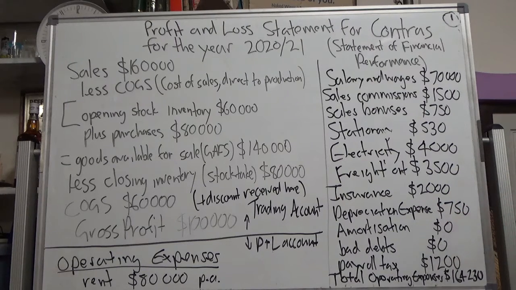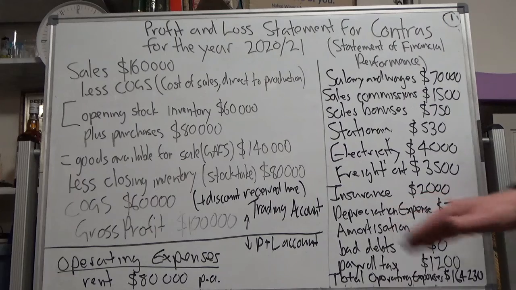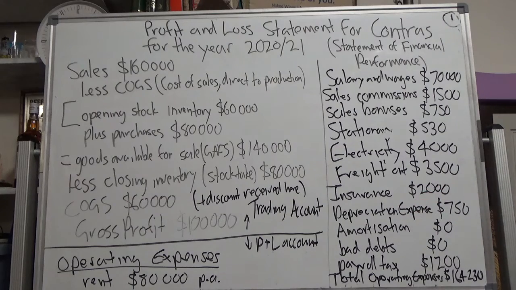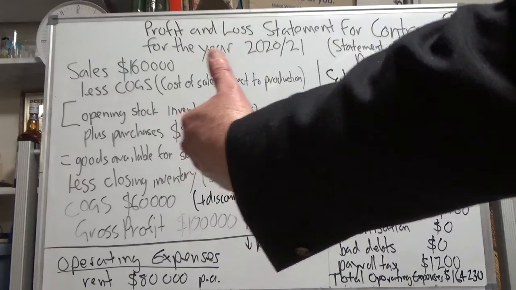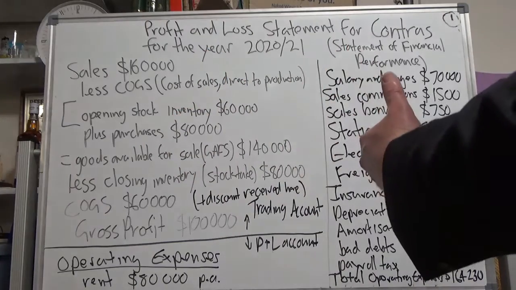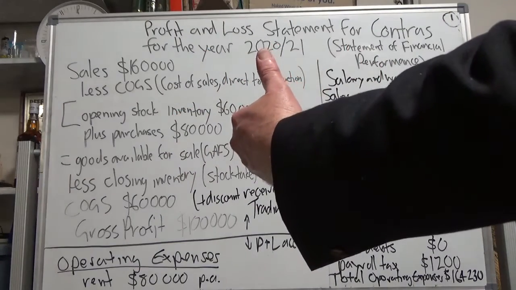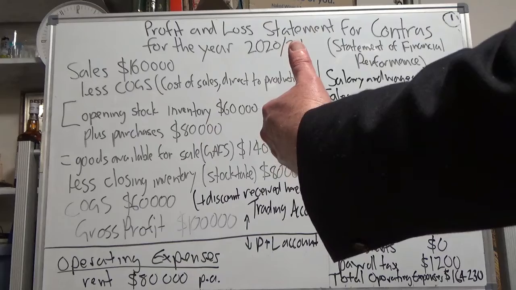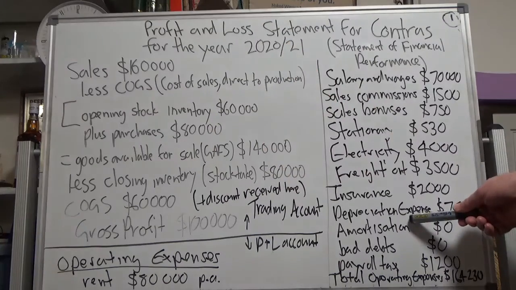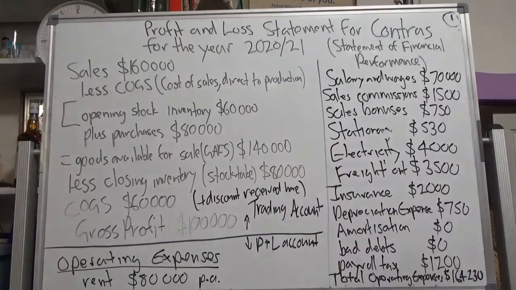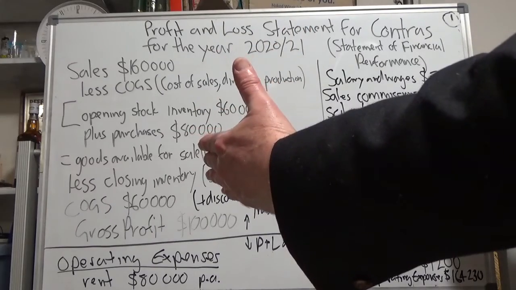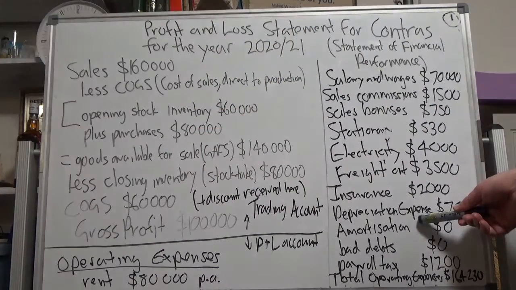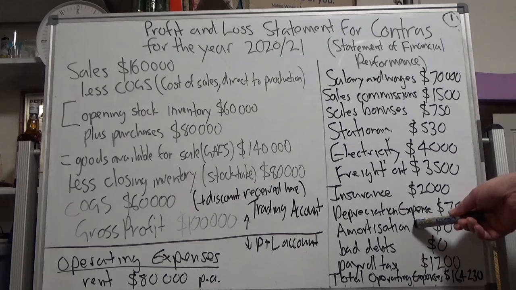Amortization. What is amortization? It's similar to depreciation, where you calculate a depreciation expense each year for assets, and the depreciation expense is just for one year, and the total of depreciation expense for all the years is in accumulated depreciation, which isn't shown on the P&L.